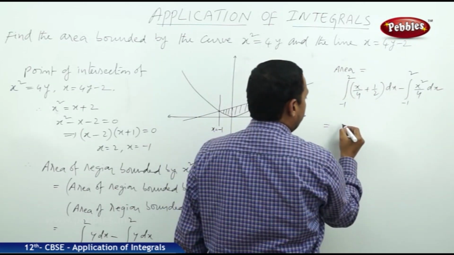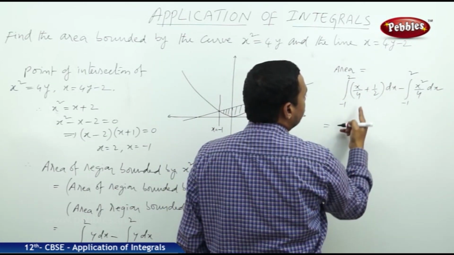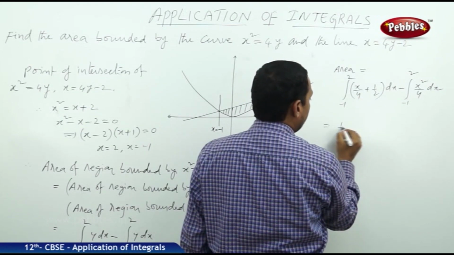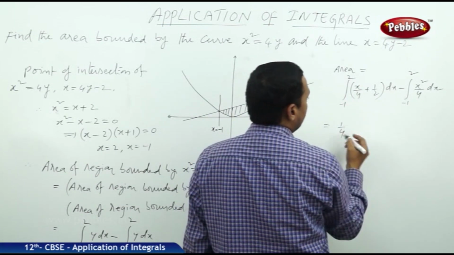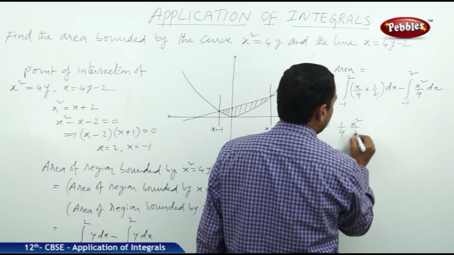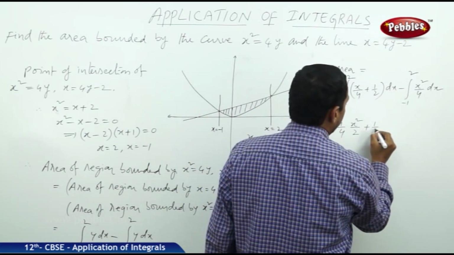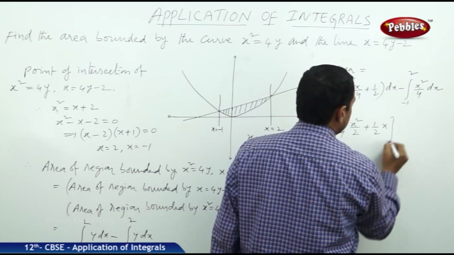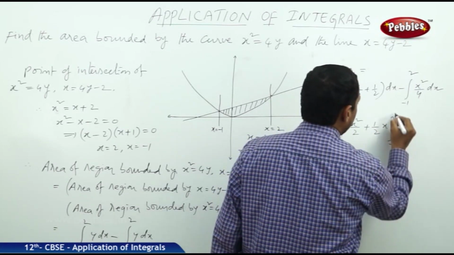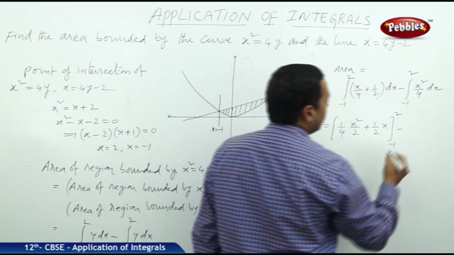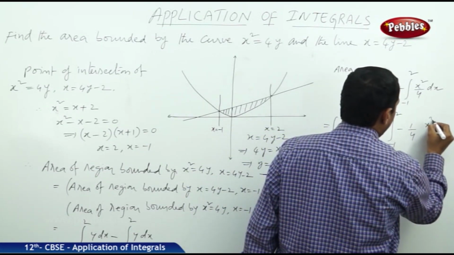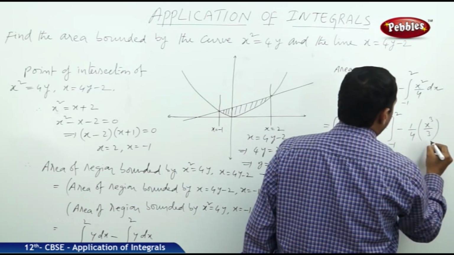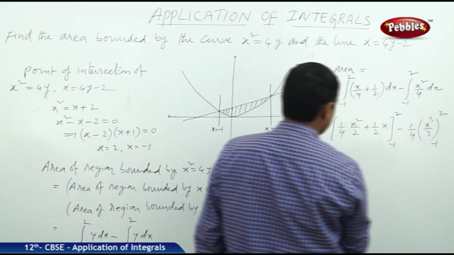Now the integral of x by 4 is 1 by 4, 1 by 4 is constant, the integral of x is x square by 2, plus 1 by 2 into the integral of 1 dx is x, between the limits minus 1 to 2, minus 1 by 4 into the integral of x square is x cube by 3 between the limits minus 1 to 2.